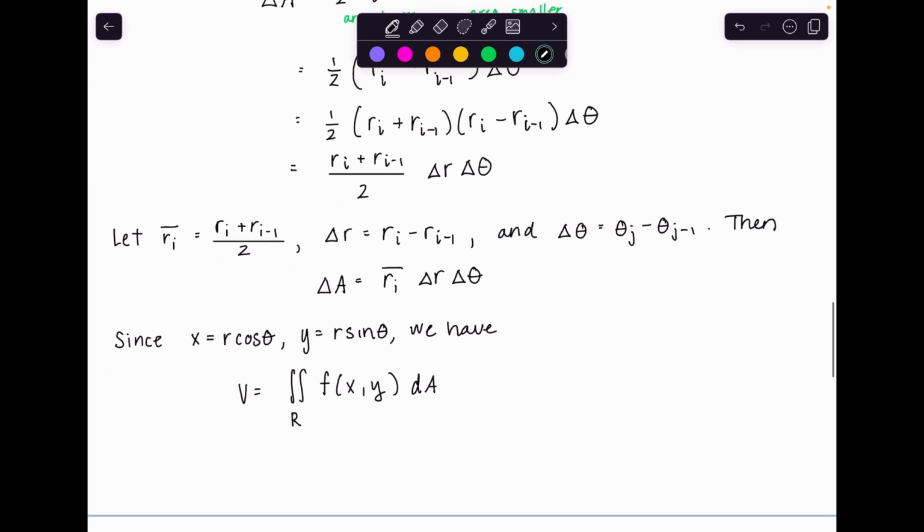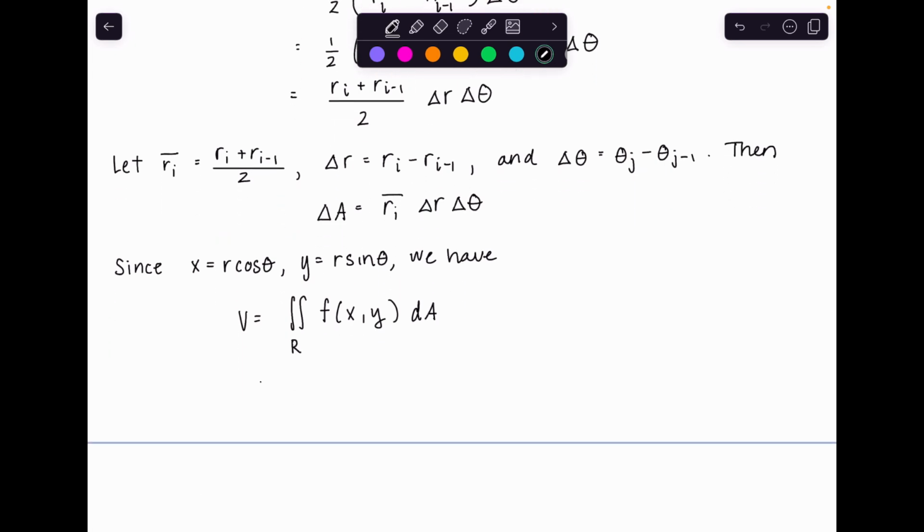Well, breaking that down into its limit definition, this was the limit as m and n go to infinity of that double sum of our function evaluated at the x value and the y value, and then delta A. Your I goes from 1 to M. Your J goes from 1 to N. And realistically, you can say these are those right endpoints or that upper corner on the grid.